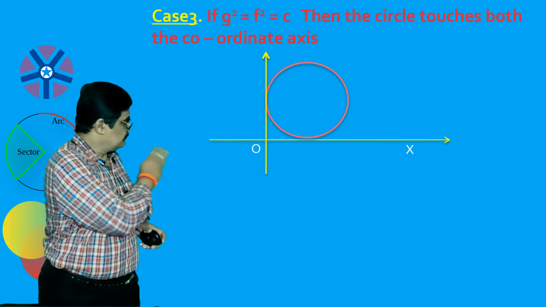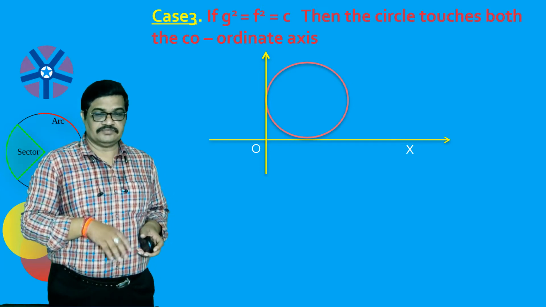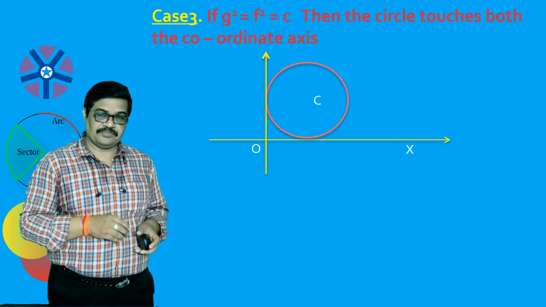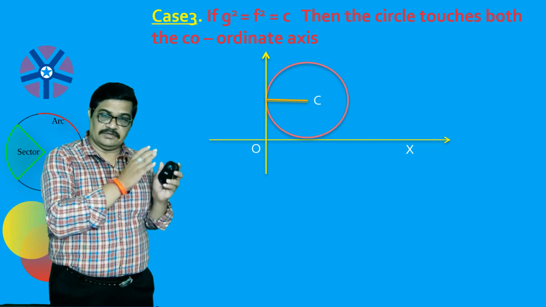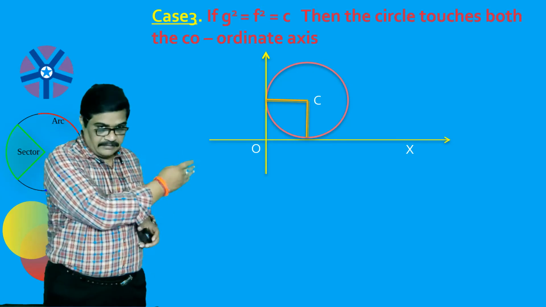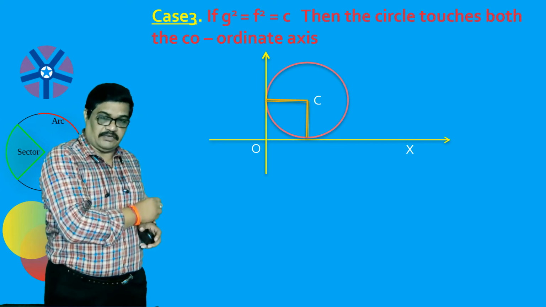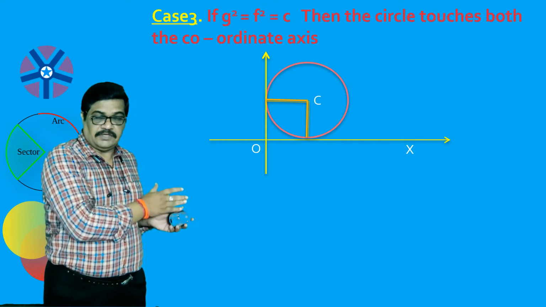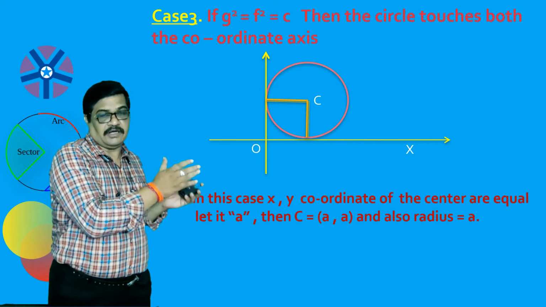See the diagram. Next, in that case, the x-coordinate and y-coordinate of the center of the circle are equal. From this diagram, the x-coordinate and y-coordinate are equal.